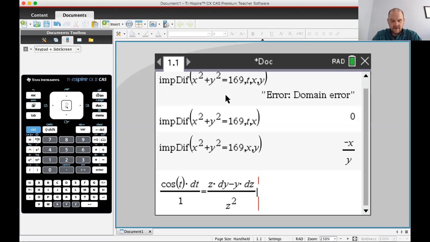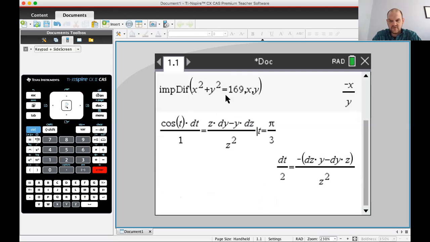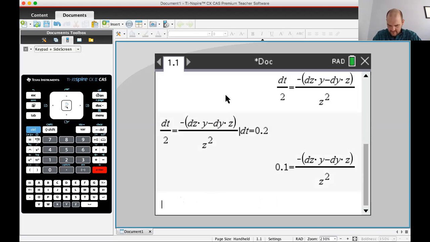So I know that theta is going to be pi over 3 at this exact second. So I'm just going to sub for that. What else do I know? I know that d theta dt is going to be 0.2 because that's the rate of change of theta with respect to time. dz is what I'm trying to solve for.